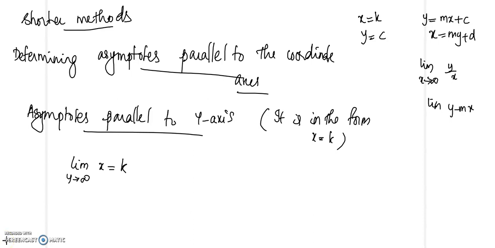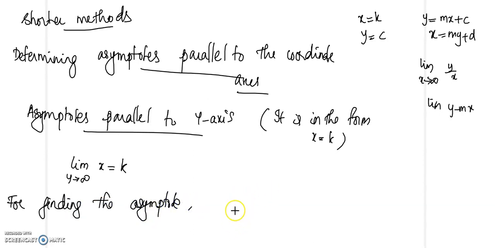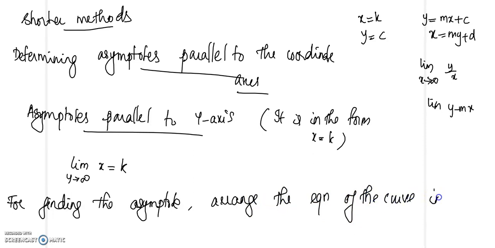Now what we do is we arrange the equation of the curve in descending powers of y. Our aim is to find what this k value is.